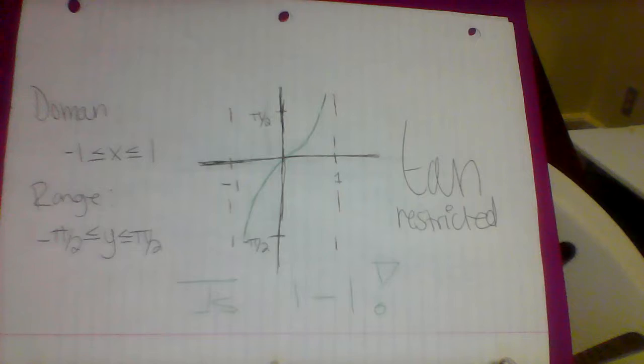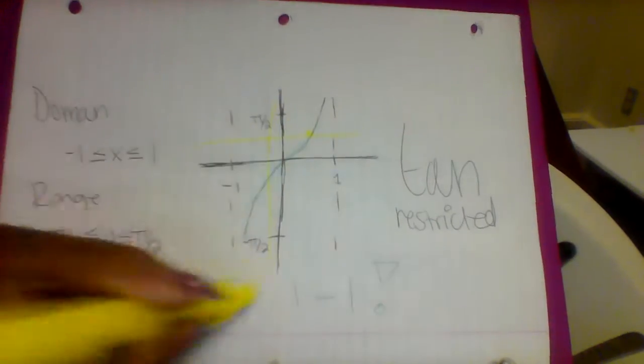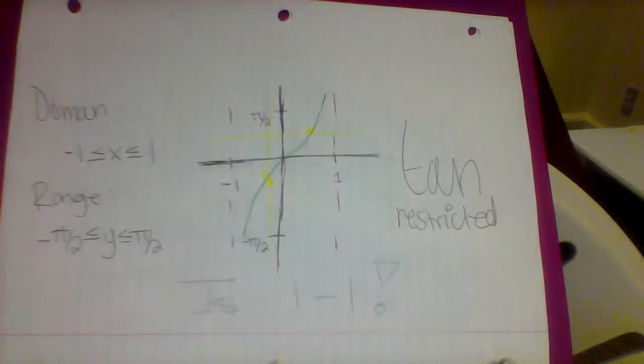So let's try a horizontal test on this. Horizontal, only once. Vertical, only once. So for tan to be one-to-one, we know that we have to restrict the domain.